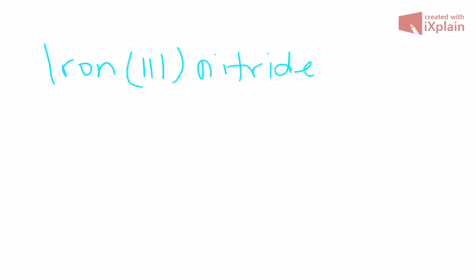So what if you were given the name iron 3 nitride and you were asked to write the formula? Well, this is really easy. The hard part has been done for you. The Roman numeral tells you which charge has been used. So you're going to do your crisscross method. Iron is telling you the charge is 3. Nitride is nitrogen.